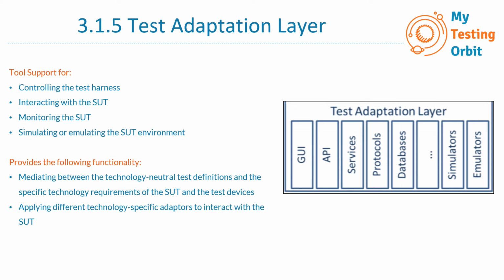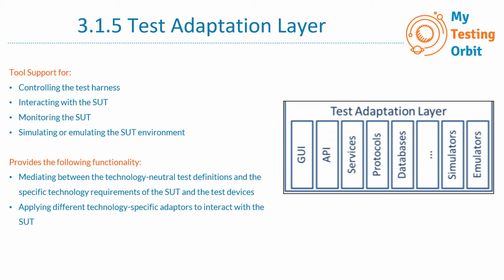Okay, the second one is applying different technology specific adapters to interact with the system under test. As we just said, there are some specific technology requirements, and similarly there are different technology specific adapters. We can take an example of Visual Studio.